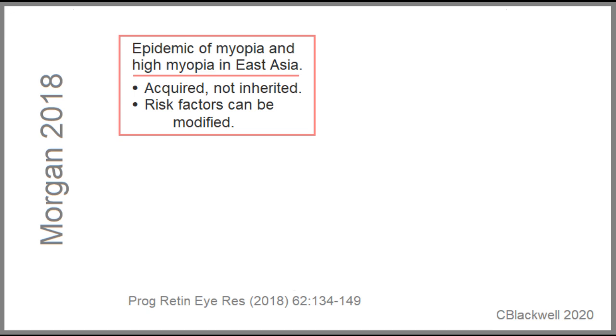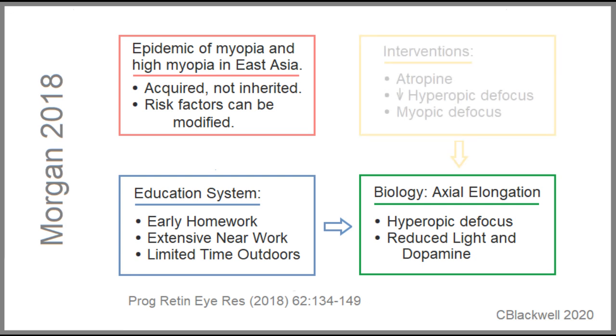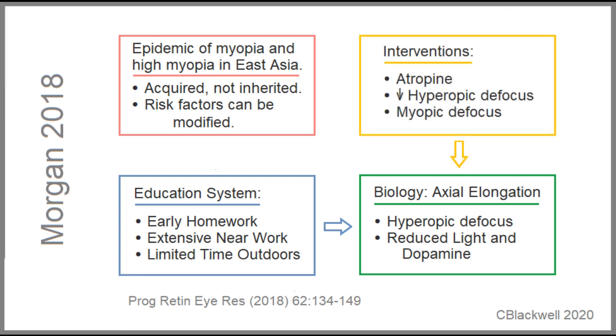Because this increase has occurred over a relatively short period of time, it must be acquired, not genetic. They contend the contributing factors appear to be heavy emphasis on near focus and limited time spent outdoors. These risk factors should be modifiable. There are additional measures, for example atropine, that can be used to control myopia.